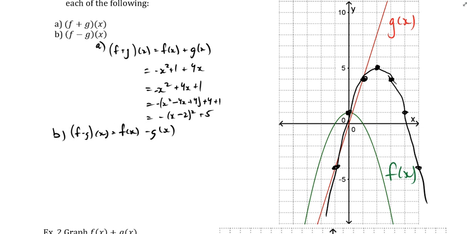So order does matter here. F minus g is not the same as g minus f. 2 minus 3 and 3 minus 2, not the same thing. Similar, but not quite the same.